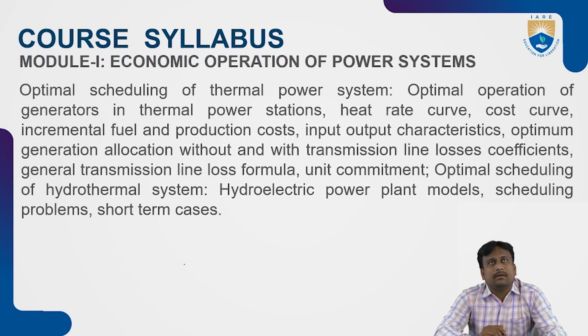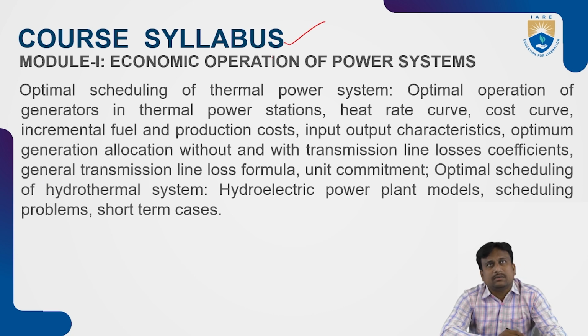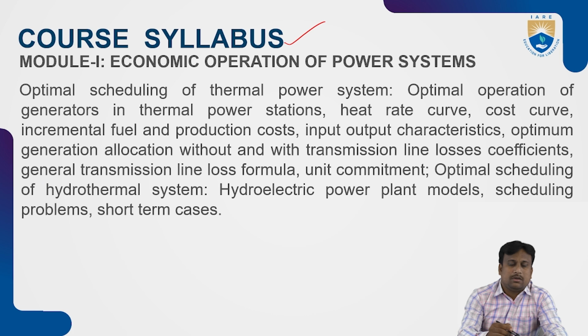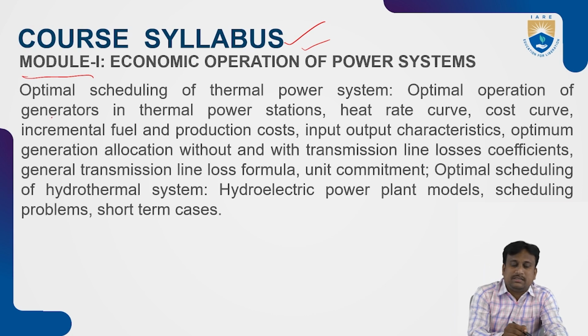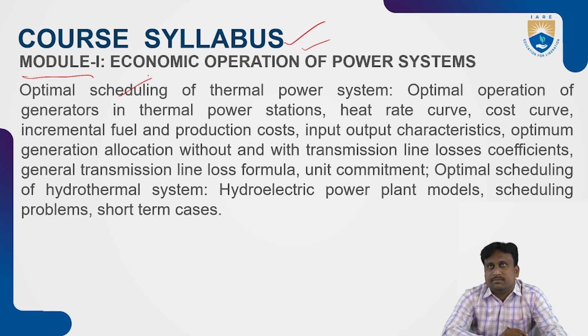So here it is discussed with the course syllabus. It is designed with 5 modules. Module 1 contains economic operation of the power system network. The economic operation of the power system network is designed with the optimal scheduling of the thermal power system.